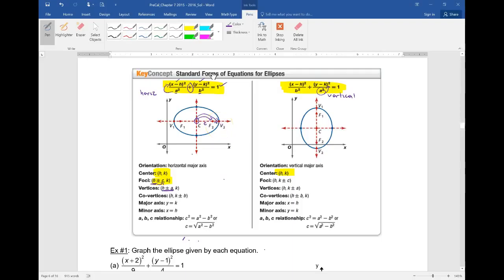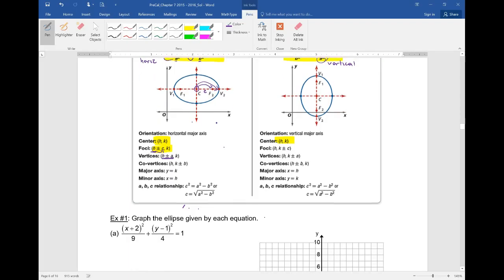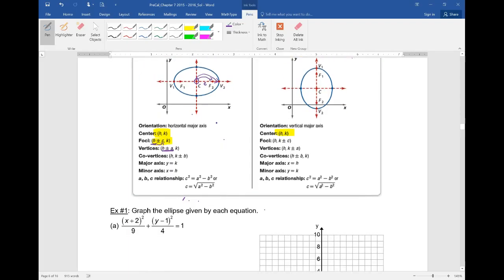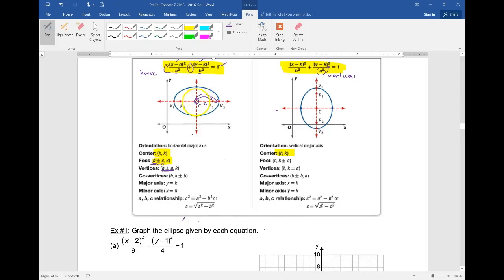Horizontally. Okay? All right, look. If I'm here, how do I go to the co-vertex? You go up. That means your Y value changes, right? So you add that to your Y value.